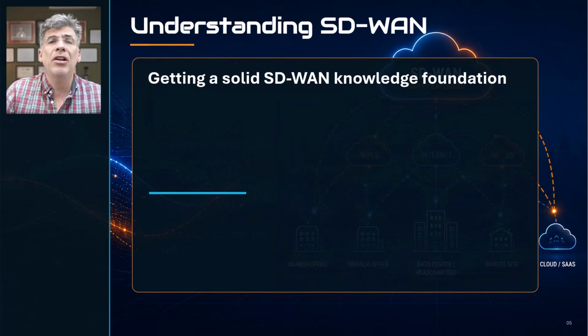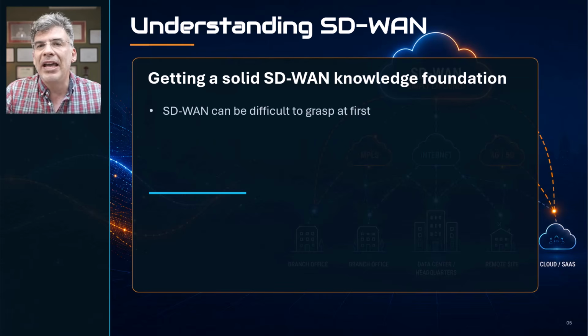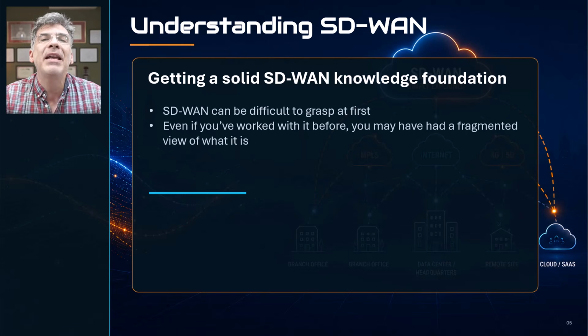Now, I know these concepts can be difficult to fully grasp at first, especially if you have not worked with SD-WAN before. It often takes some time to understand not only what SD-WAN is, but also what it changes in the way WANs are designed, managed, and operated. And even if you've worked with SD-WAN, you may have learned it in a fragmented way.